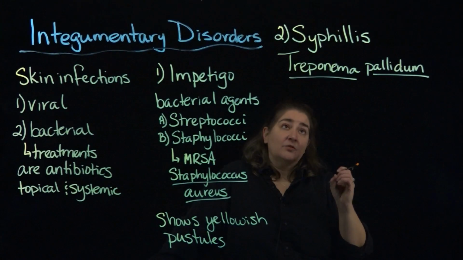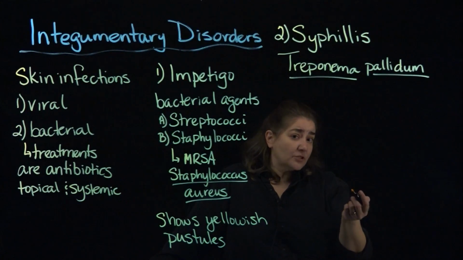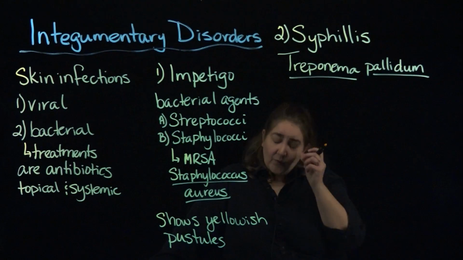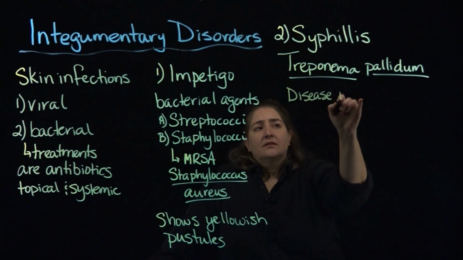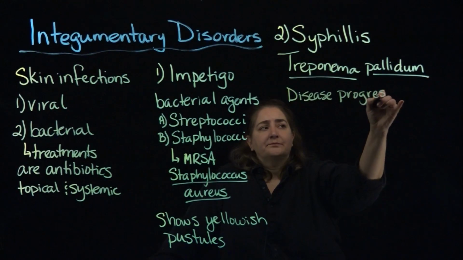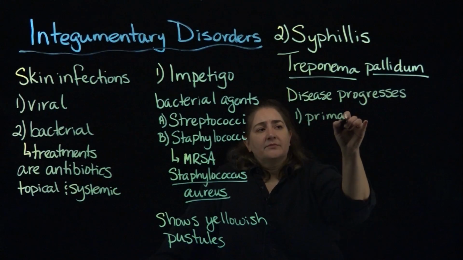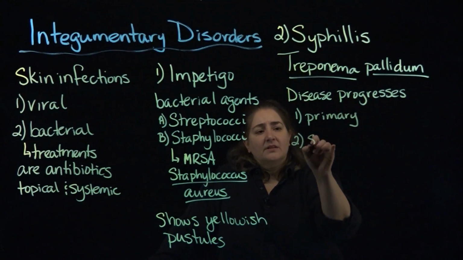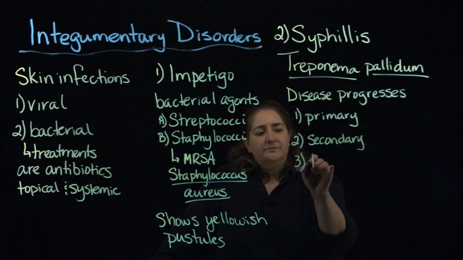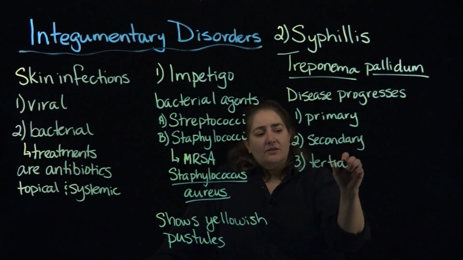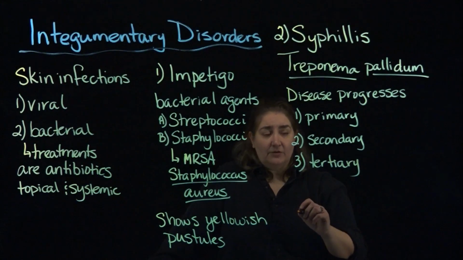And this one is kind of unique because this particular bacteria is a spirochete, so it's spiral in shape. And with syphilis, the disease progresses from primary infection to a secondary infection to a tertiary infection, if not treated, okay?